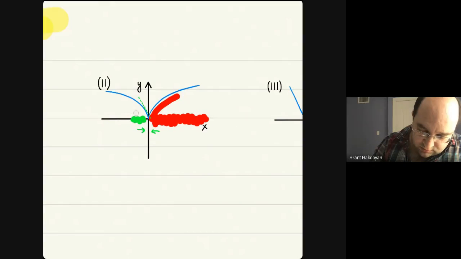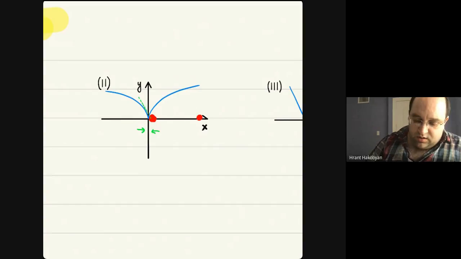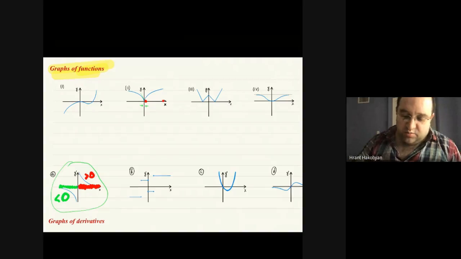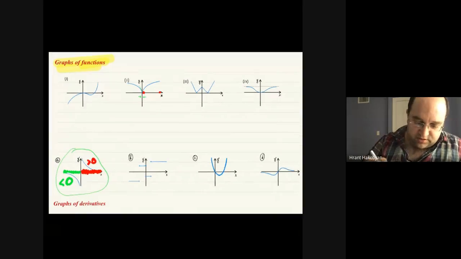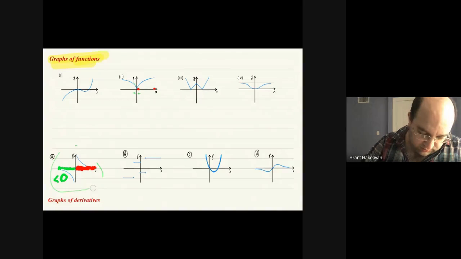Okay, so let's look at this example. Here are some functions given on the top. I have to figure out which ones are the derivatives. Okay, and I have some examples.